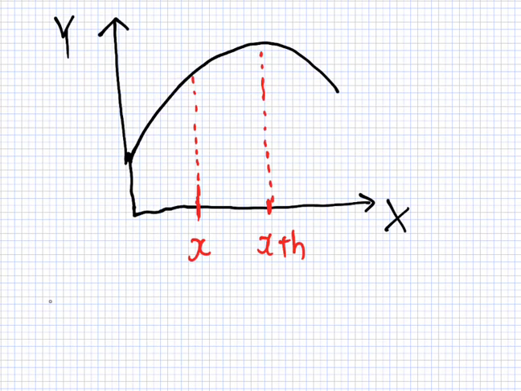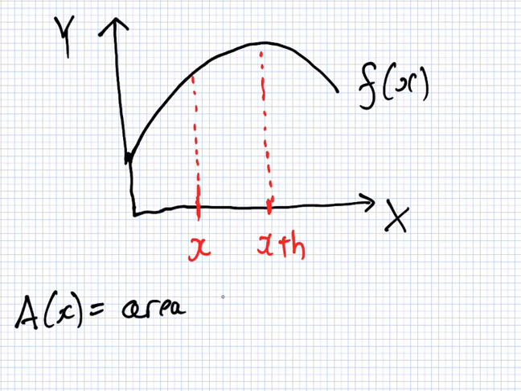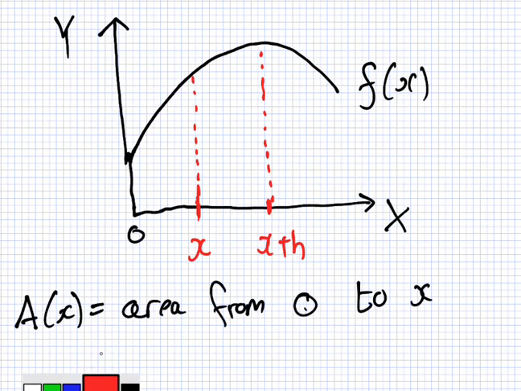Now this is f(x). I'm going to make up a function, and I'm going to call this function A(x). What it is, it's the area from 0 to x. So in other words, for example, here, A(x) would be all of this area.